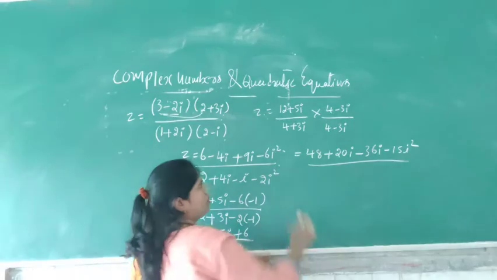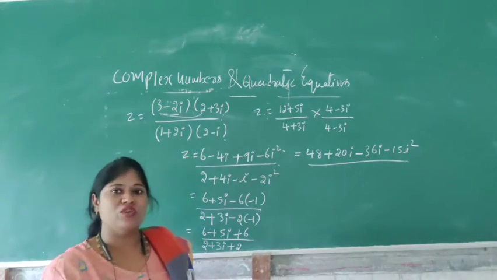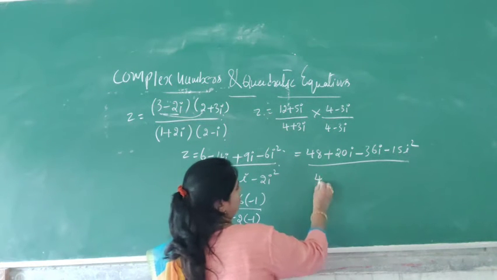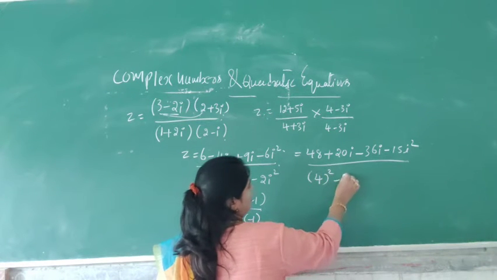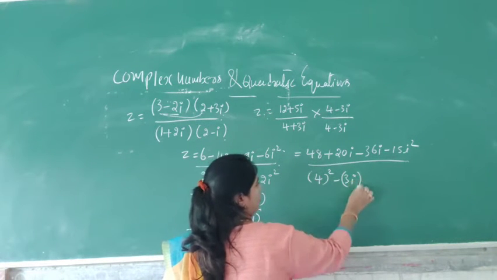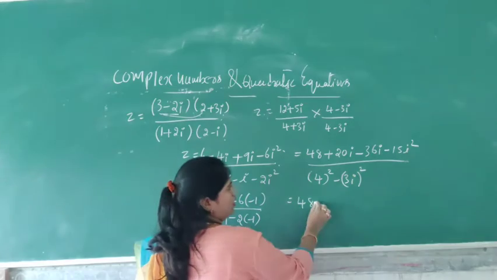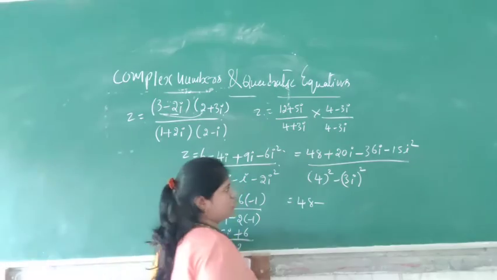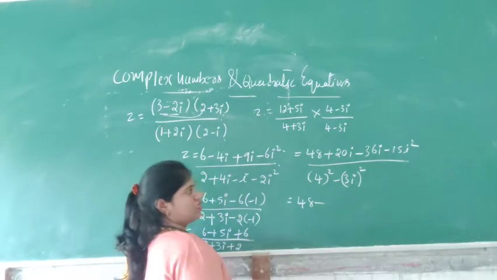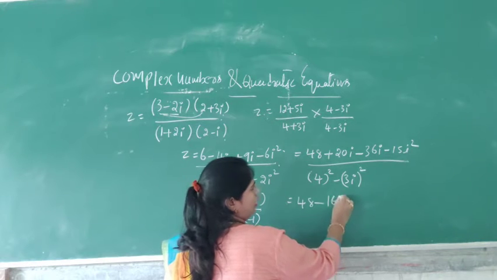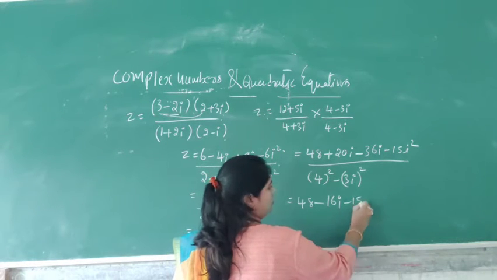Here in the denominator it is a plus b into a minus b. So that is a square minus b square. Okay. So 48 plus 20i minus 36i, it is minus 16i minus 15.